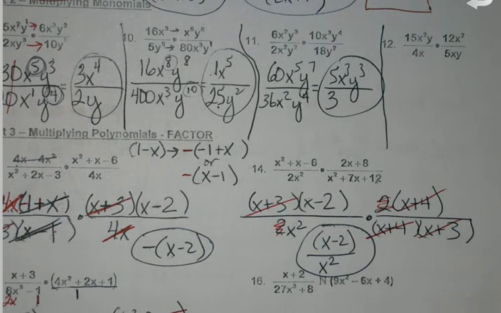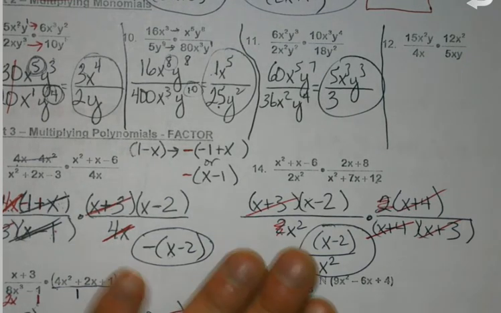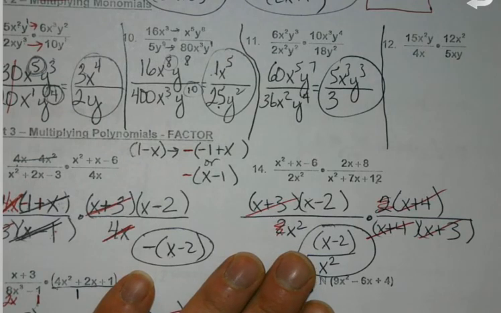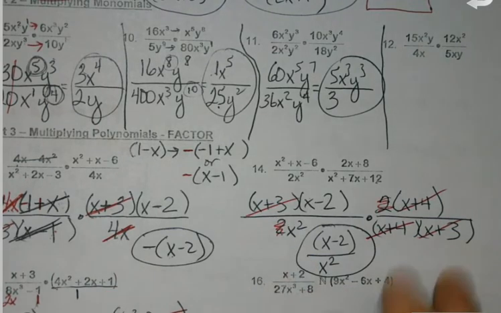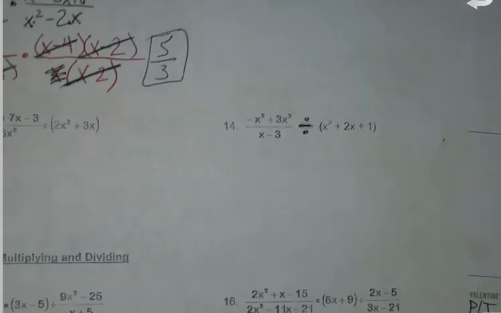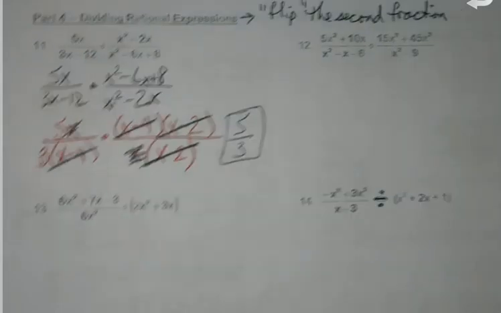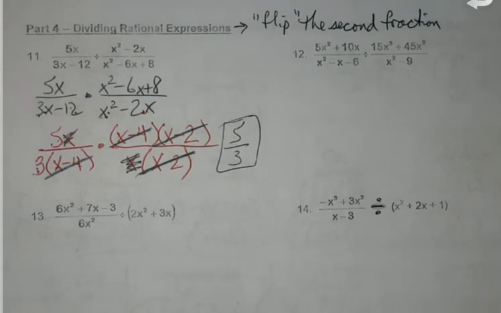So that's what we're kind of dealing with. And the only difference, again, between what's going on here in part 3 and what's going on over here in part 4 is that when you see that division sign, we've got to flip the second fraction. Now let's do number 13.